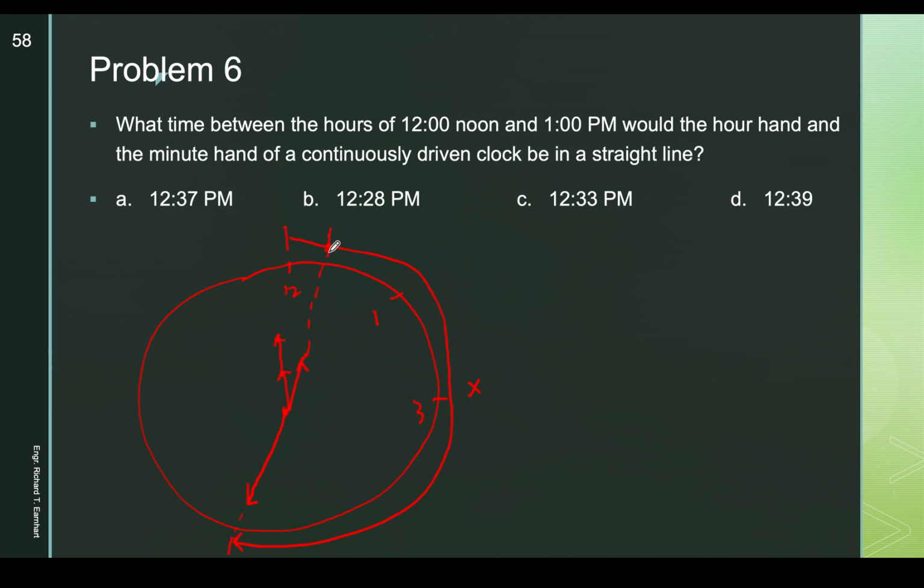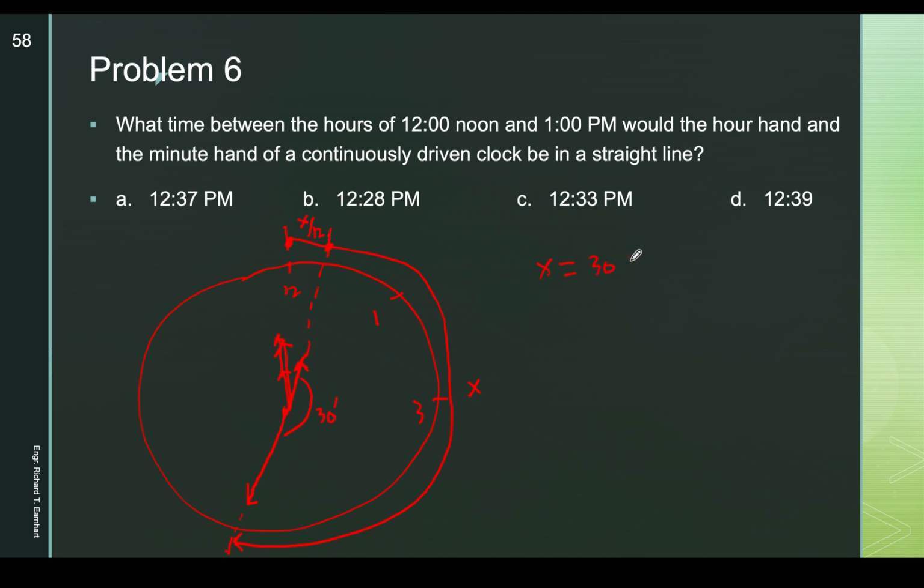Okay, so this will be x over 12, the movement of your hour hand from 12 o'clock to here, where the hour hand is in a straight line with the minute hand. Now your x therefore is equal to, so this is your total x. Now this one is 30 minutes if they form a straight line, plus this one.